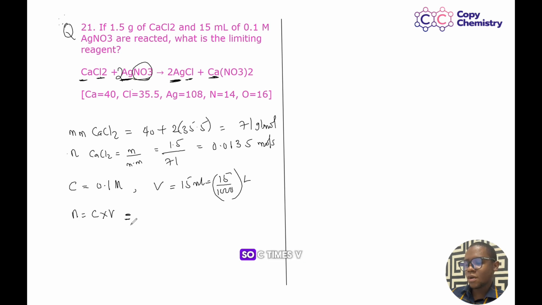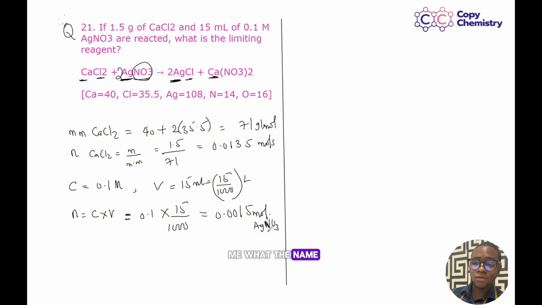Alright, so C times V, 0.1 multiplied by the volume, 15 divided by 1,000, and that will give you 0.0015 moles. Okay, so that's the mole of what? AgNO3, which I said you should tell me what the name of it is, right? So you let me know what the name of that one is.